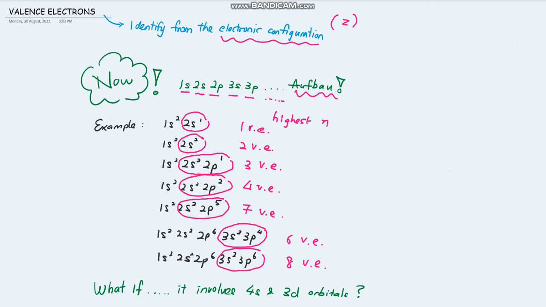So it is simple if it only involves s subshell and also p subshell. But what if it involves the electrons in our 4s and also 3d orbitals? So remember, Madam has told you before, when it comes to 4s and also 3d subshell, there is some complication and you need to be very careful and check it properly.